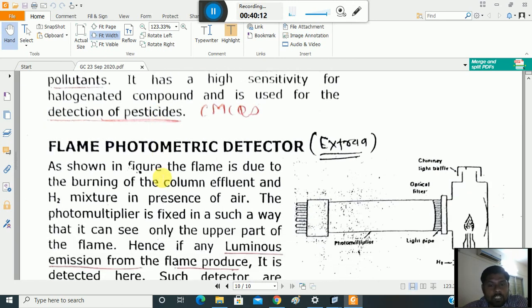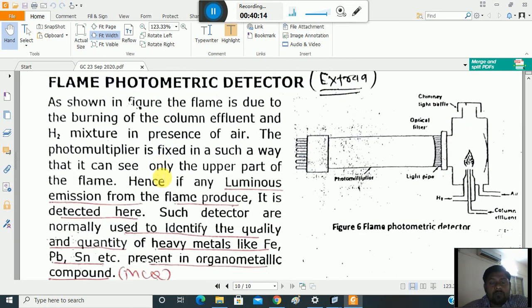Most important MCQ. A flame photometric detector, as shown in the figure, look here, that is hydrogen gas here, air plus fuel, and that is a column effluent. All three components are mixed here at the flame head, and that is your photo detector.